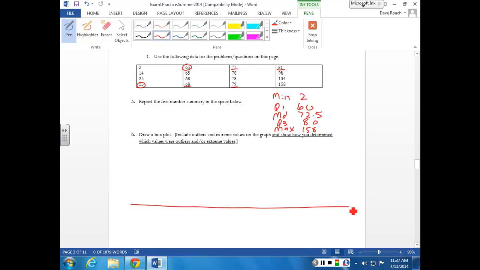So to draw the box plot, I'm going to start with just getting an axis here. Hoping that I leave enough room for this.